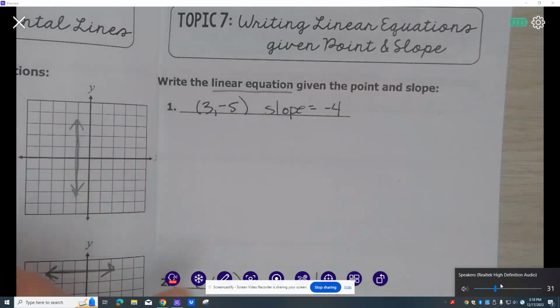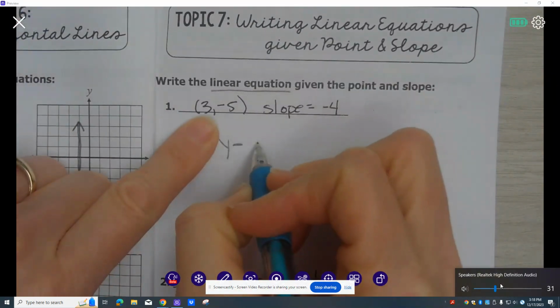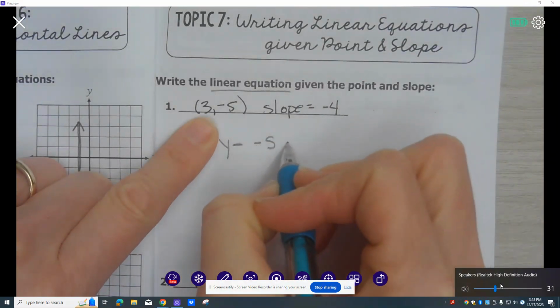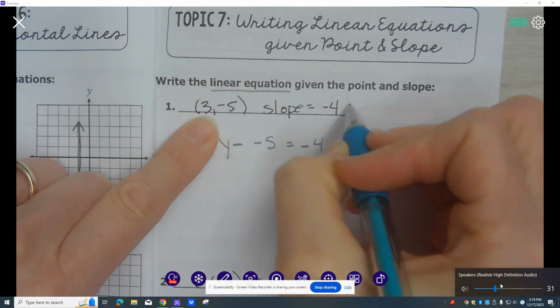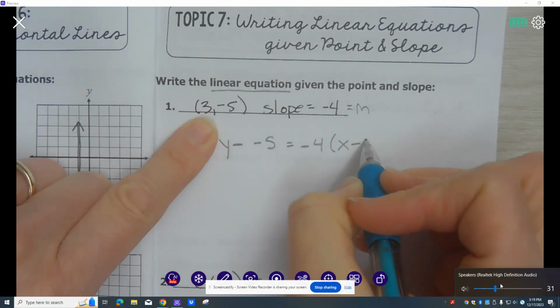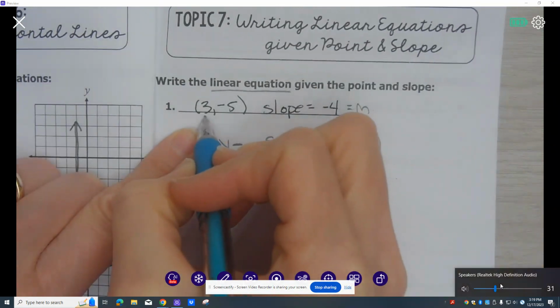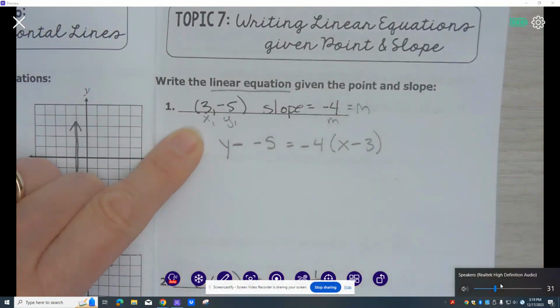slope. So this will be y minus, plug in your y, equals m, which is -4. Remember, slope is m, times x minus x. So this is your x sub 1, your y sub 1. This is your m.